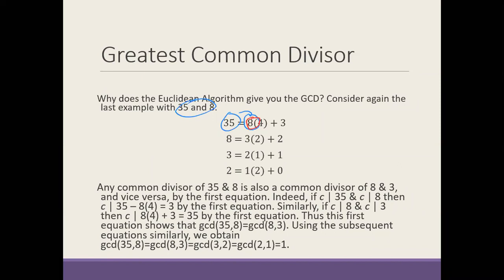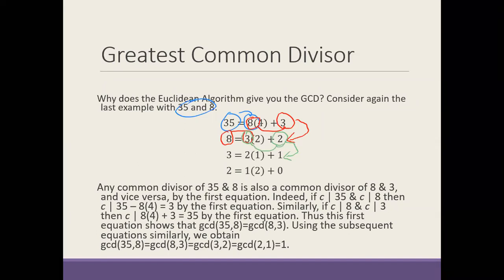At the next step, you take the divisor and the remainder and use those in the next step. So here you see 8 and 3. And at the next step, you take the divisor and the remainder and you go down to the next one, etc.